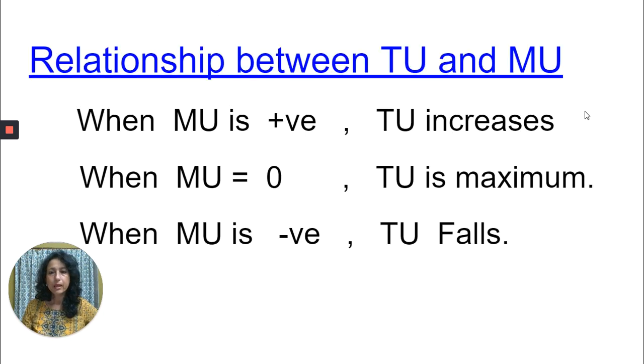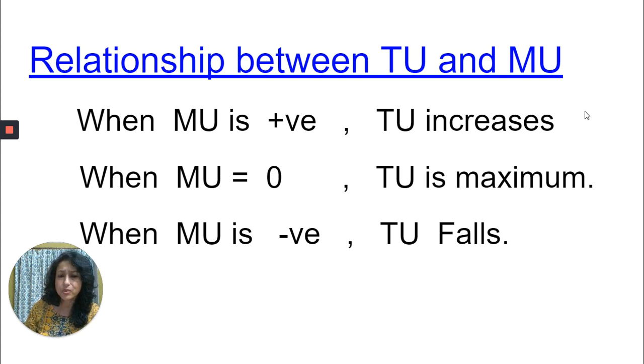Okay. So the relationship, we have already discussed when we did that schedule. I'm just writing it down here so it becomes easier for you to understand. As long as marginal utility is positive, total utility increases, right? When marginal utility is 0, total utility is maximum.